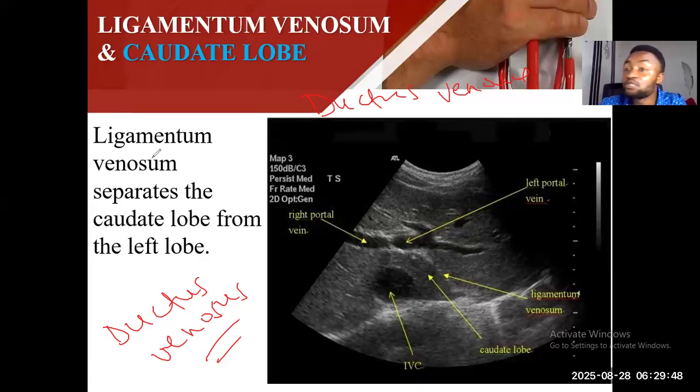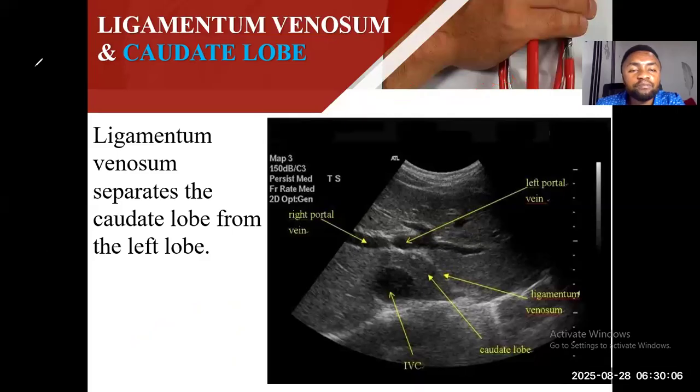When the person is growing, has been born, and the person is growing, that ductus venosus will shrink and now obliterate. So obliteration of the ductus venosus will form a ligamentum venosum. Okay, so that ductus venosus has turned to be ligament, and it will have a function.